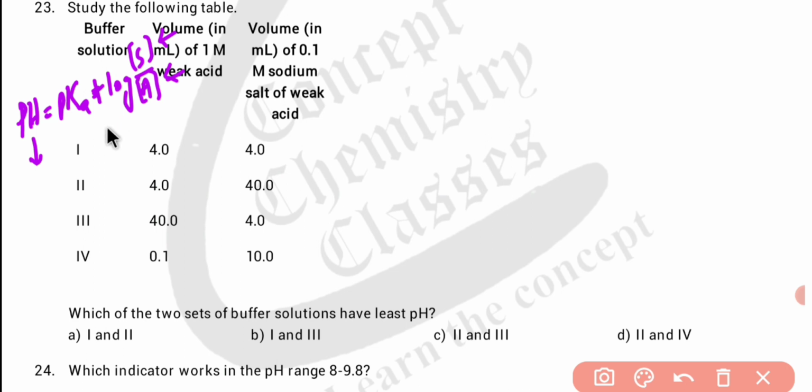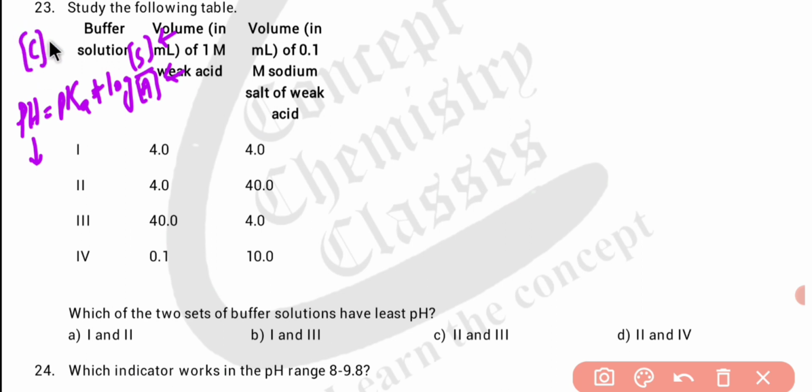So we need to choose the two buffer solutions having less pH from these 4 buffer solutions. So we need to calculate the concentration.